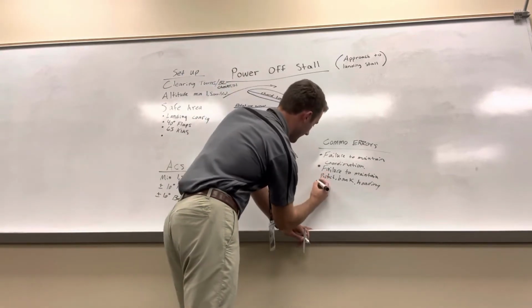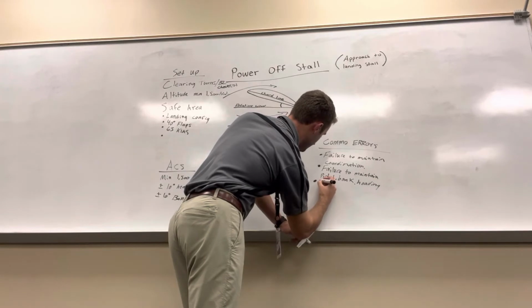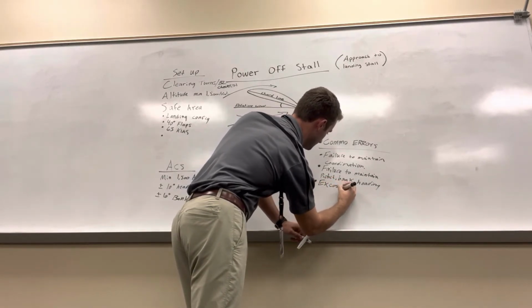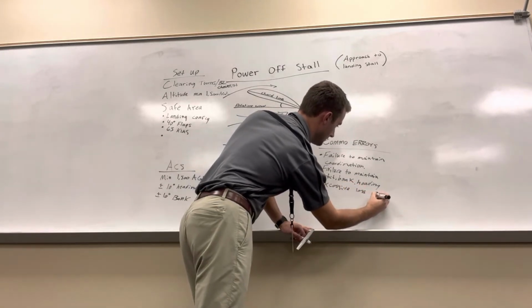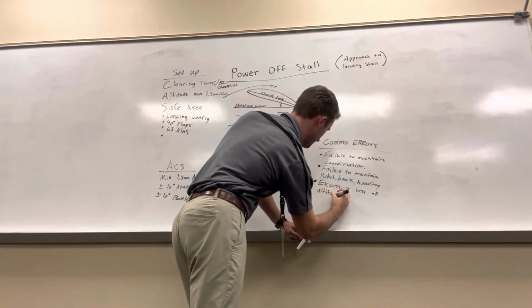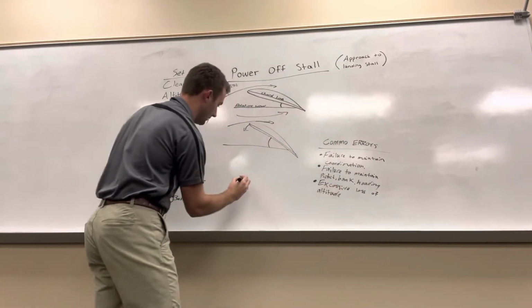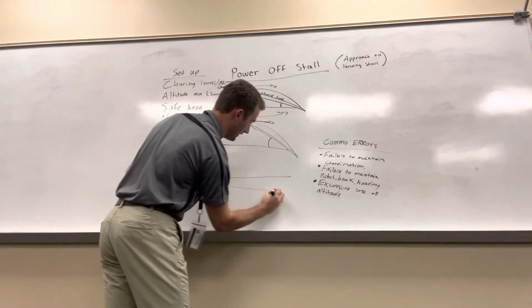And another common error associated with power off stalls would be excessive loss of altitude. So for example here, where this usually happens, I'll draw it out for you. Here's a runway.